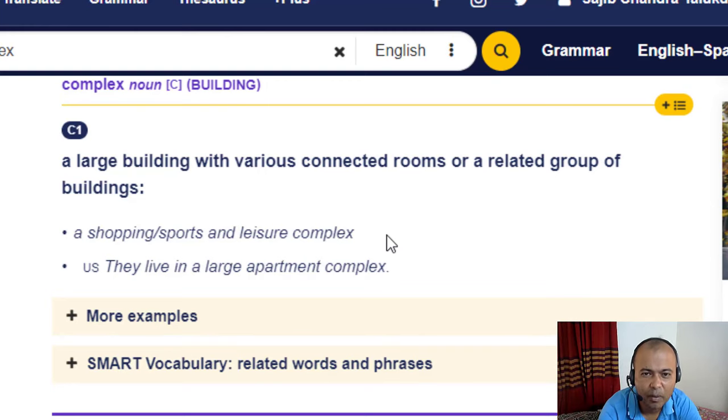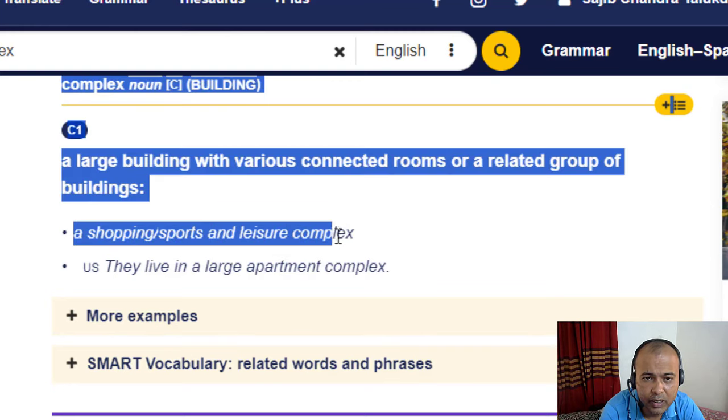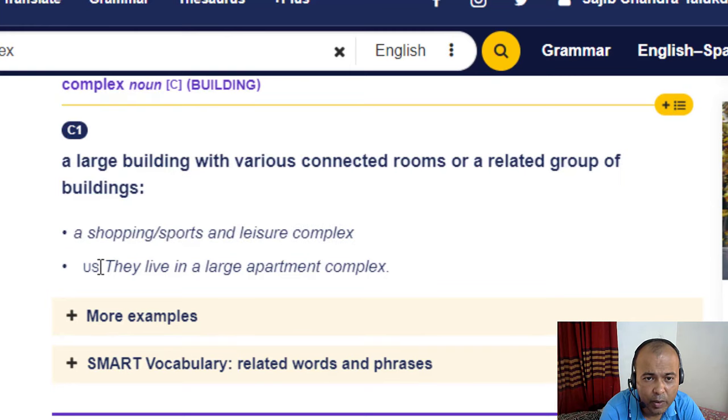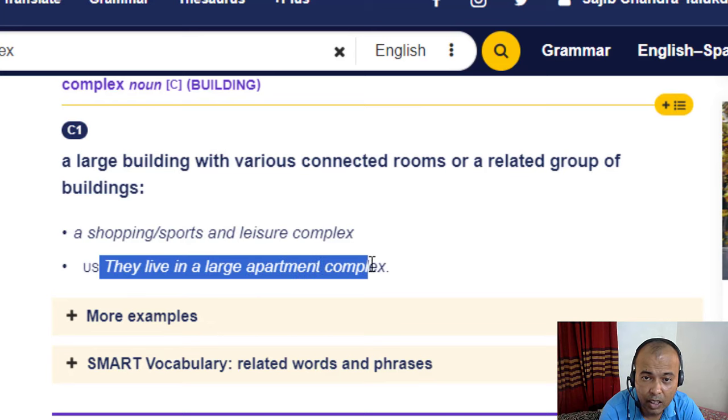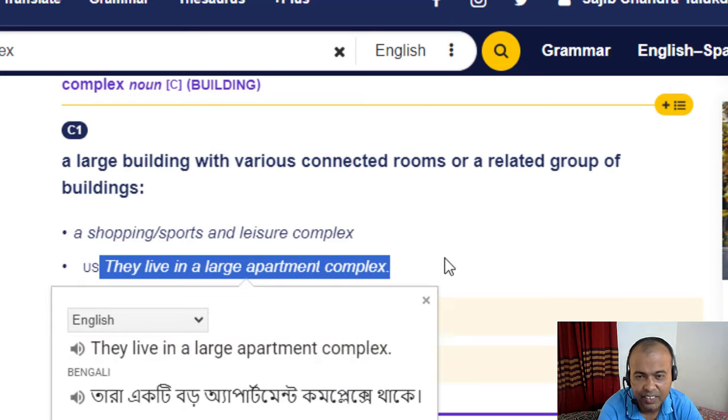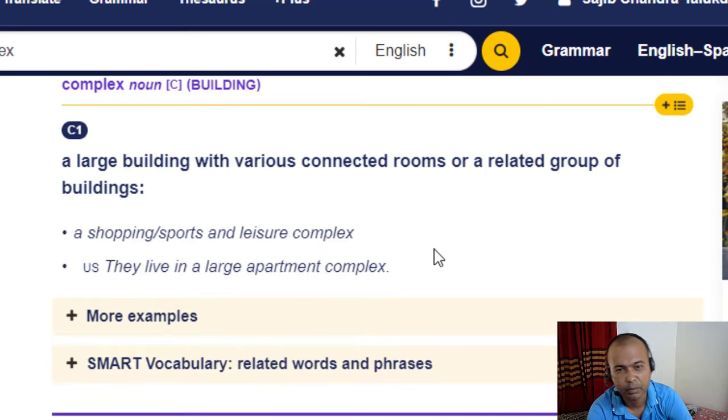So I think complex does have another meaning, and they explained here the meaning of this complex: a shopping, sports and leisure complex. In the US, they live in a large apartment complex. So that's a great example.